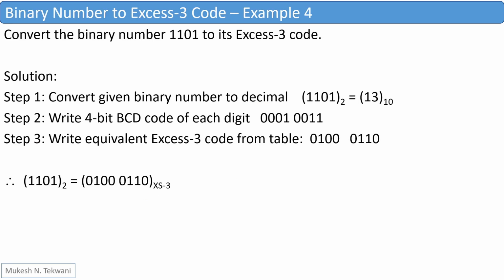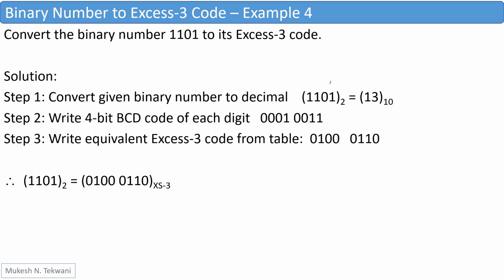Let us take one more example where we are converting a binary number to its Excess-3 equivalent. We have a binary number here, 1101, and we want to calculate the Excess-3 code. The steps will be like this. We will first convert the given binary number to its decimal equivalent. So 1101 becomes 13 in decimal.